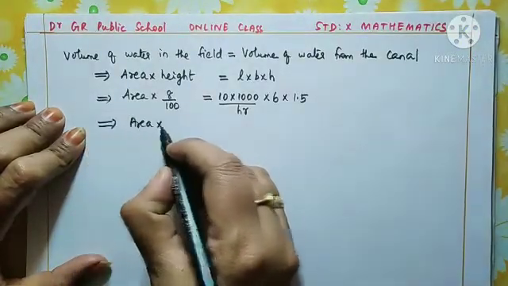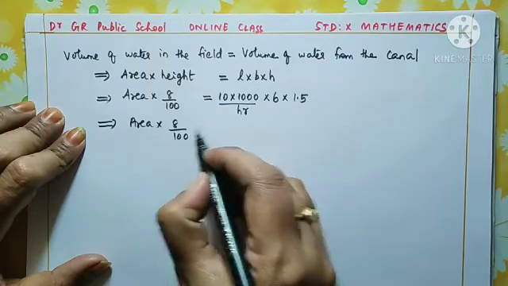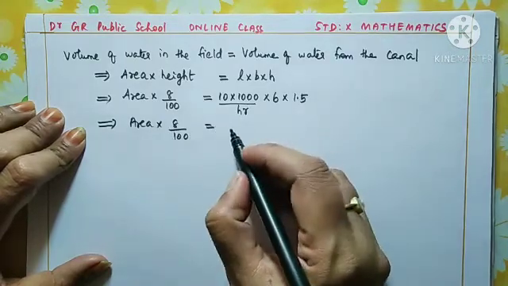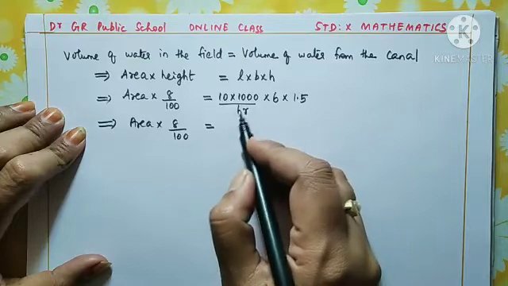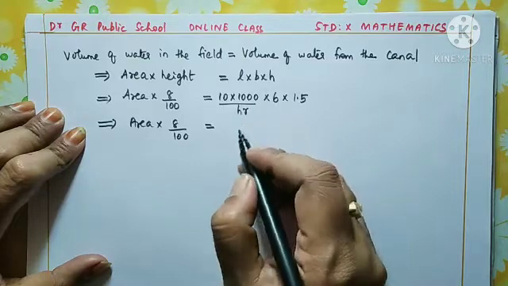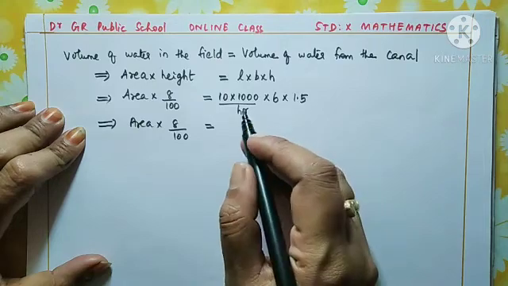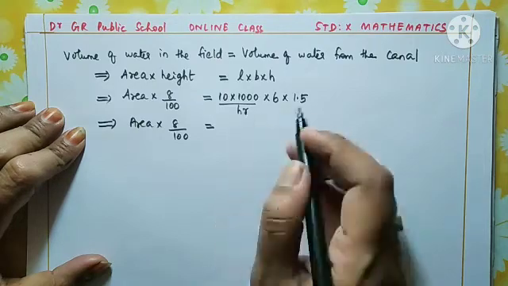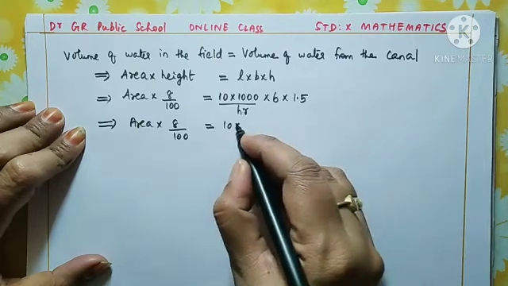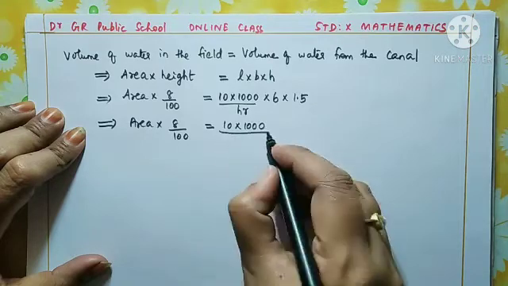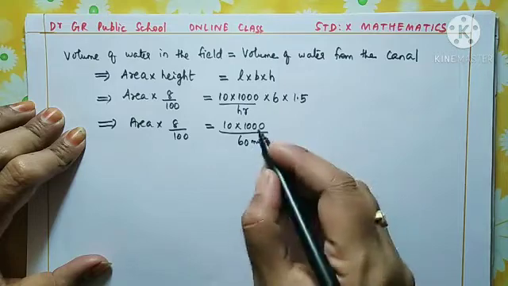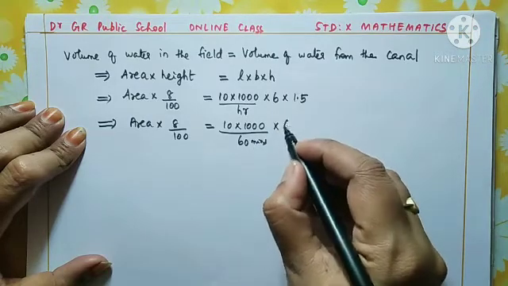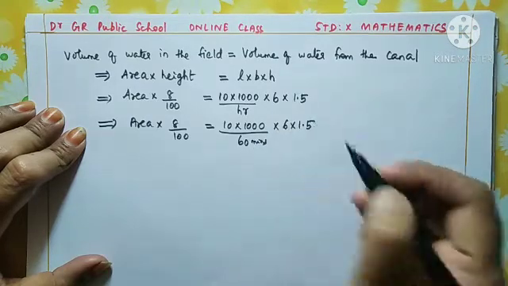Area into 8 by 100 equal to, we need to find, here it is given for 1 hour, and in our question it is asked for 30 minutes. So we need to convert this also into minutes. So I am writing 10 into 1000, 1 hour is equal to 60 minutes. So I converted into 60 minutes. Then into 6 into 1.5.